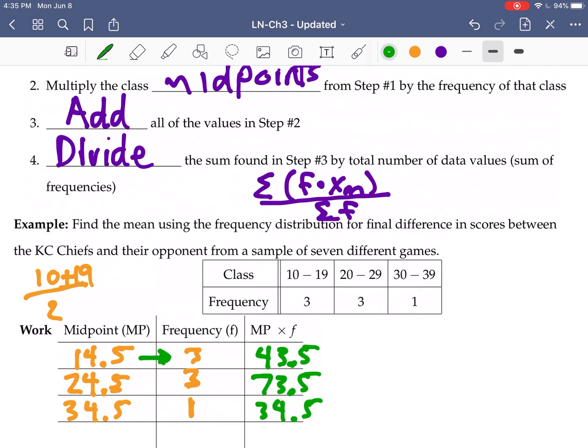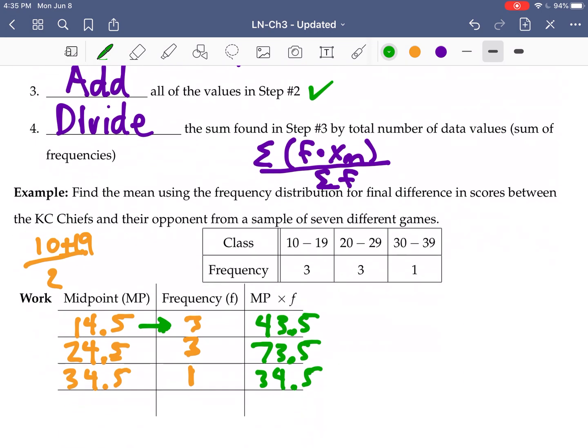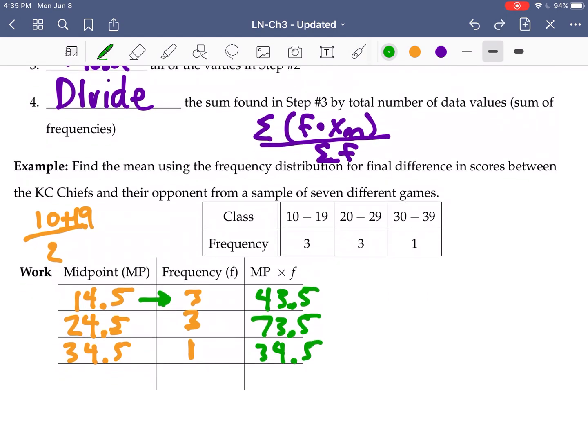So thus far we have found the class midpoints, and we multiplied the class midpoints by the frequency. So the last thing we have to do, oh, we haven't added those values. I lied. So we need to add those values.